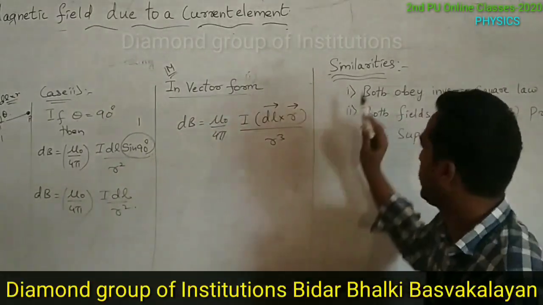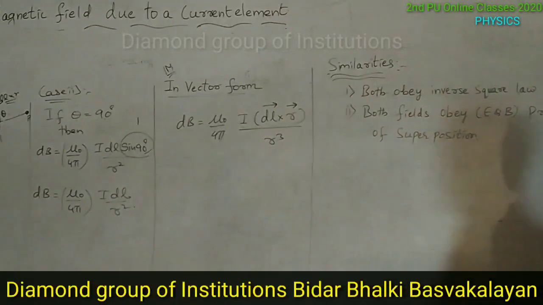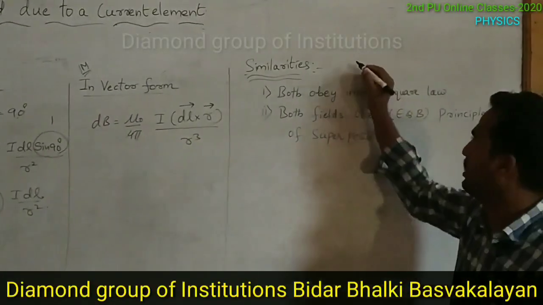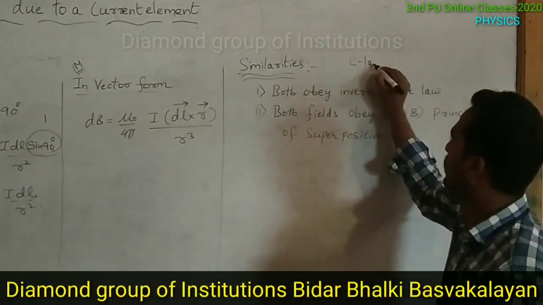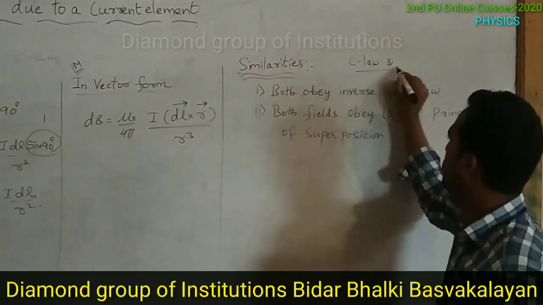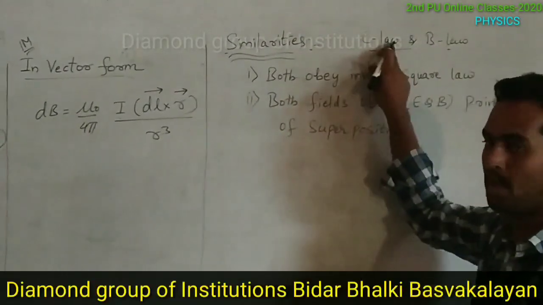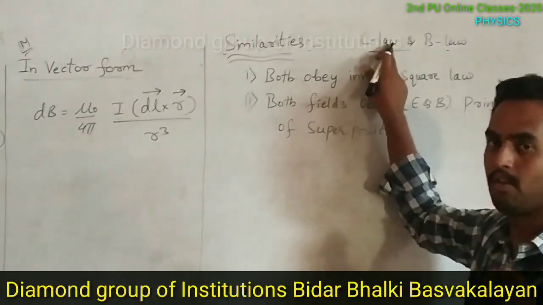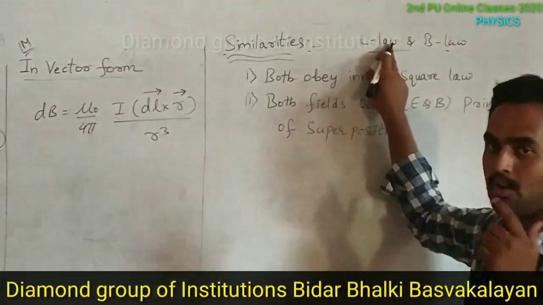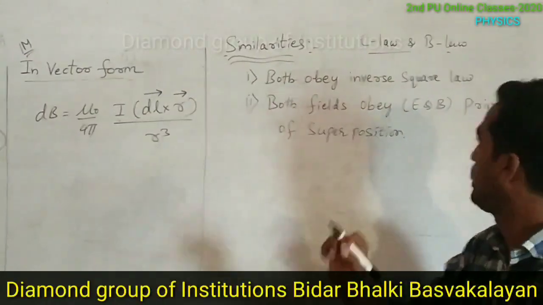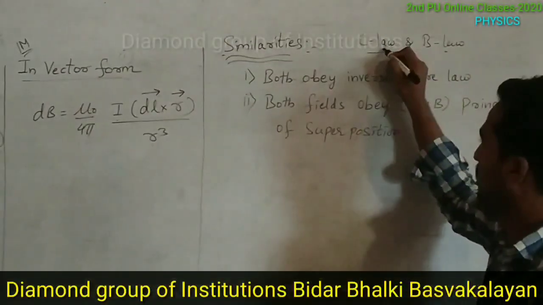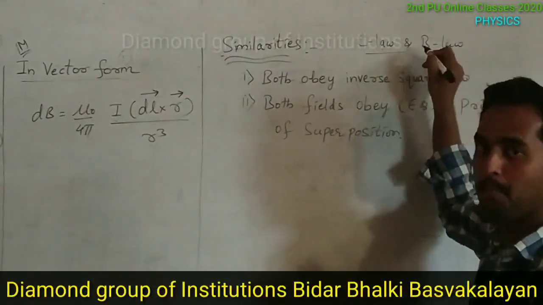Now there are some similarities between Coulomb's law and Biot-Savart's law. Coulomb's law we studied in first chapter regarding the force of attraction or repulsion between the two charges. Similarly, we are comparing this with Biot-Savart's law.